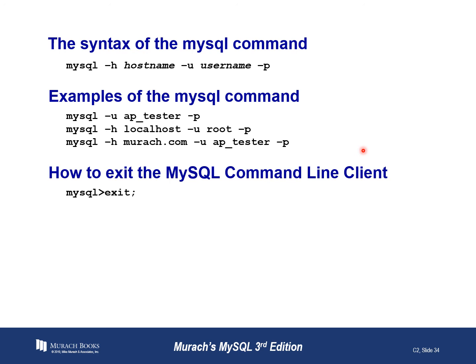You don't have to do all this stuff. You can just directly enter the password and log right in. If you want to exit the shell or the command line, you just use the exit command with the semicolon and hit enter, and it should bump you out of there.